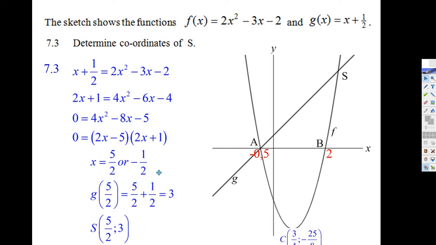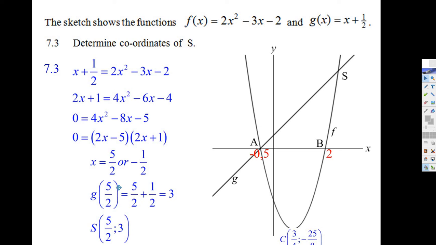That's perfect. And now we've got our two x values: 5 over 2 or minus a half. Hey, we knew that that was minus a half right there. But the other place where S hits here is 5 over 2. And all you have to do is take the line and put 5 over 2 in there. 5 over 2 plus 1 over 2 is 6 over 2. Hey, that's 3.